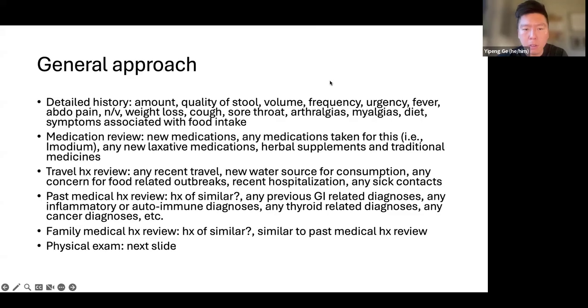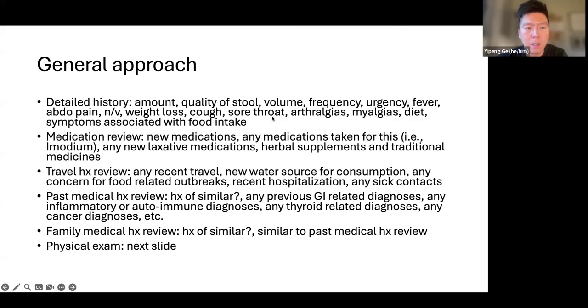And there might be public health alerts out, depending on if someone else has already caught onto something like that. Also get a sense of whether there's anyone else sick, and certainly a recent hospitalization could put you at risk for other kinds of infectious diseases that also cause diarrhea as a symptom.